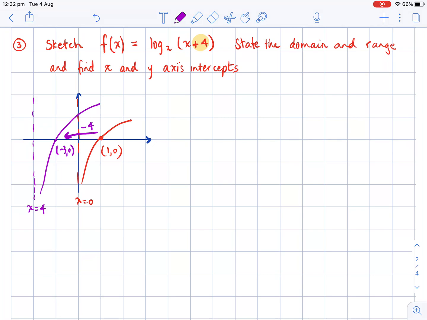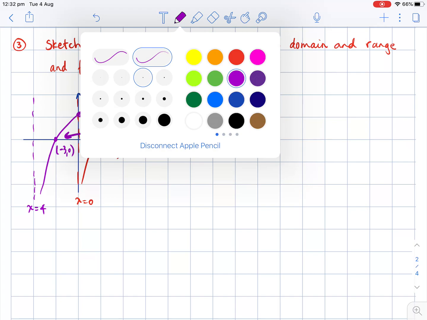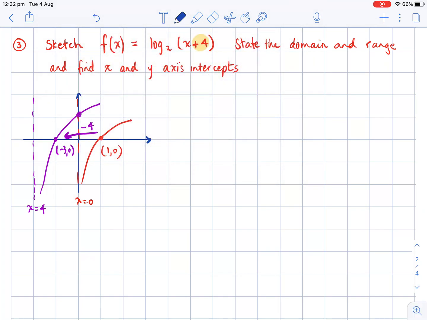Alright, before I draw my good graph, I can now see that I'm going to have a y-axis intercept and an x-axis intercept. So let's find the values of each of those points before I draw my good graph. So my y-intercept is when x equals 0.